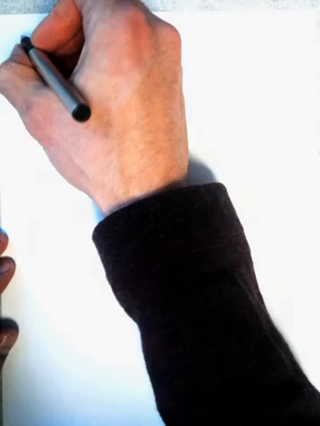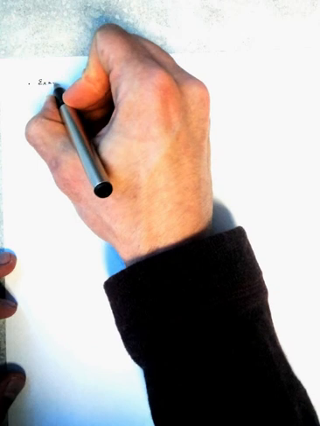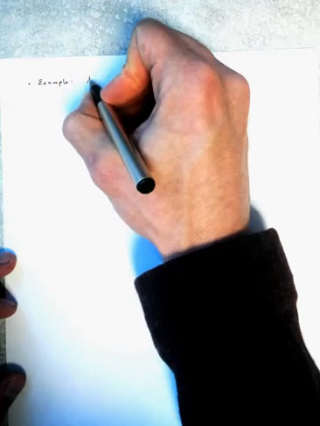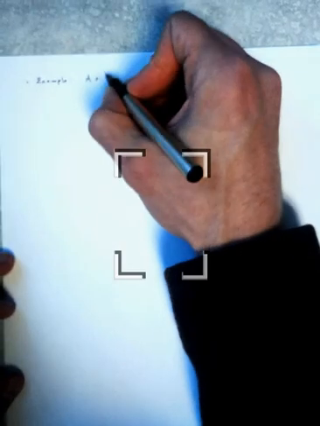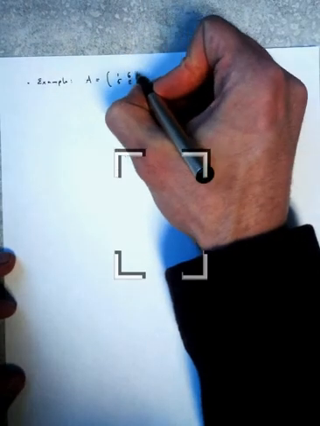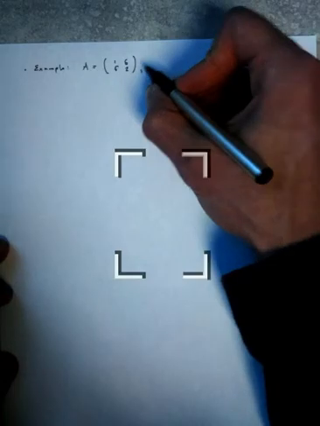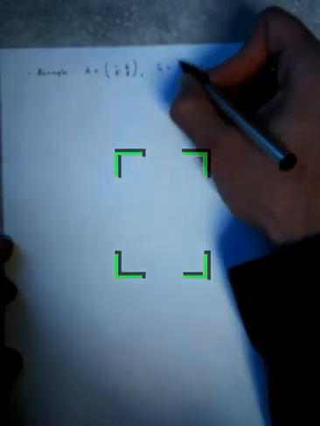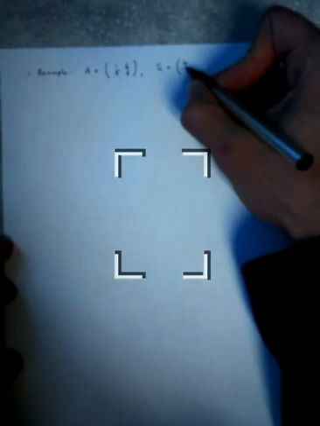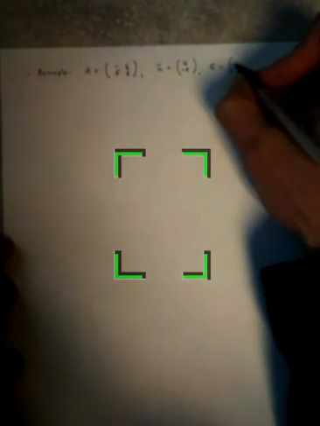Okay, let's continue. So I want to do an example. Here's an example. Let's take A to be 1, 5, 6, 2, and let's have U be 6, negative 5, and V is going to be 3, negative 2.